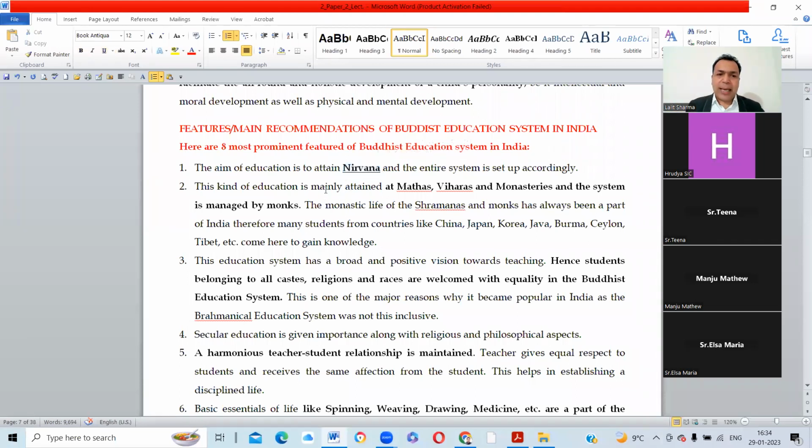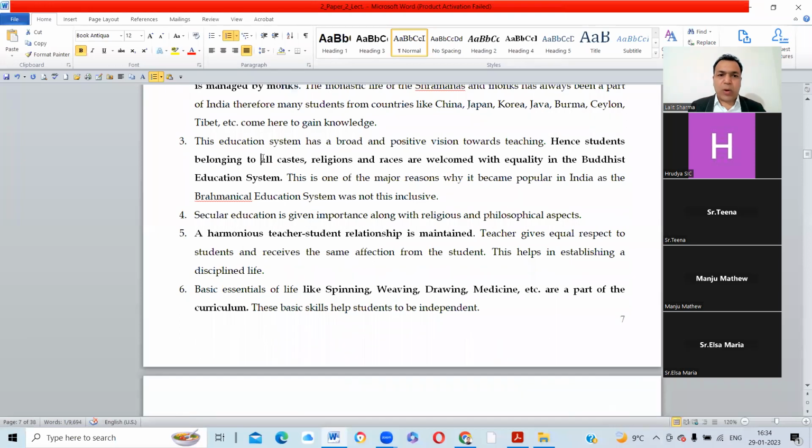This kind of education is mainly attained at maths, viharas, and monasteries, and the system is managed by monks. Right? Students belonging to all castes and religions are welcomed with equality in the Buddhist system of education.